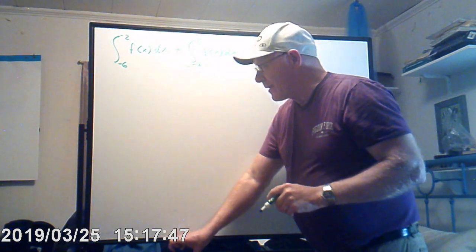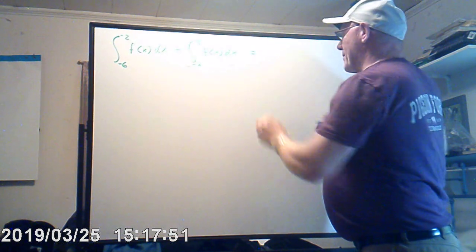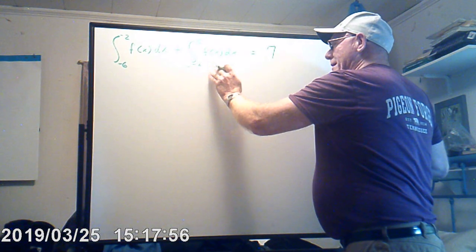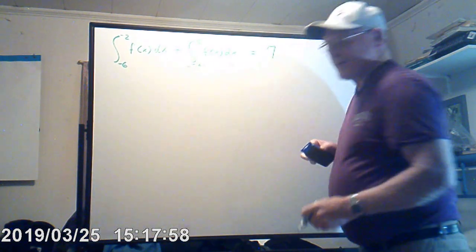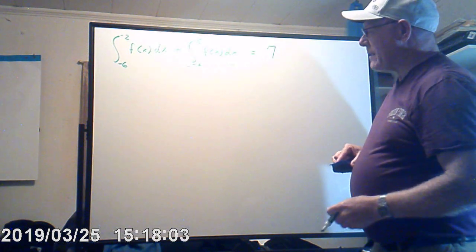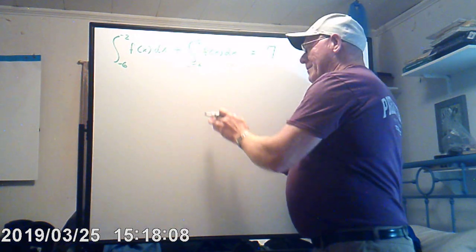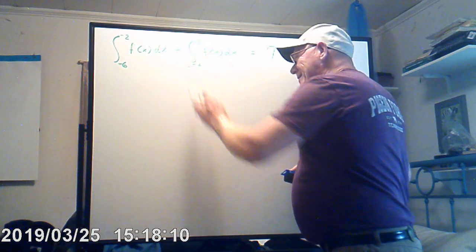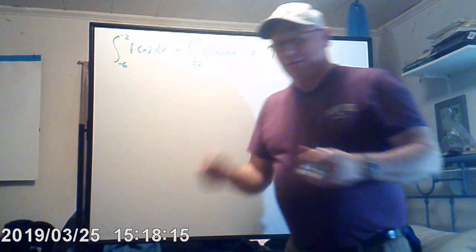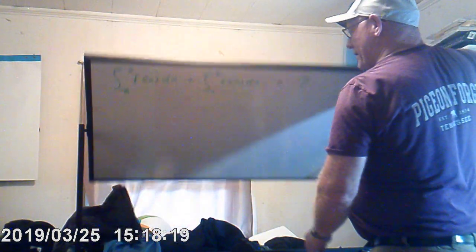So we were given that this part equals 7. Now let's not forget that, because sometimes we're going to be focusing on this. If we get this, we're going to be able to get this. You see what I'm saying? It's kind of like a plus 6 equals 1. If I can get the 6 here, I don't know what this is yet, but we are going to find it. Let's go back and look at the table and see what all we can get out of this.